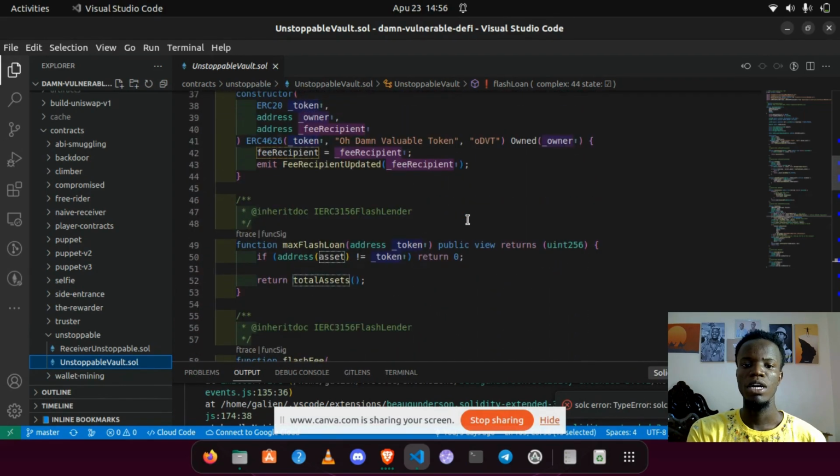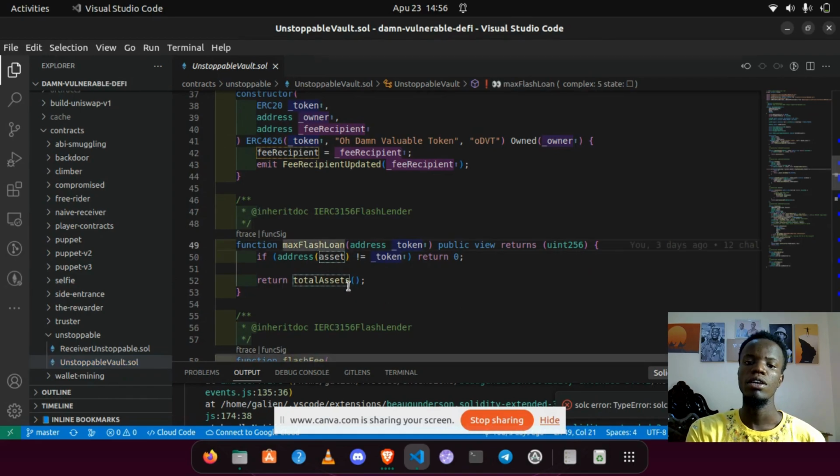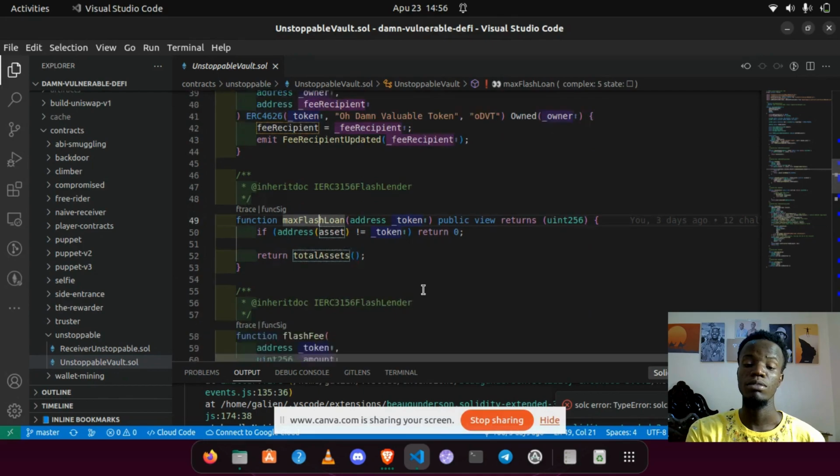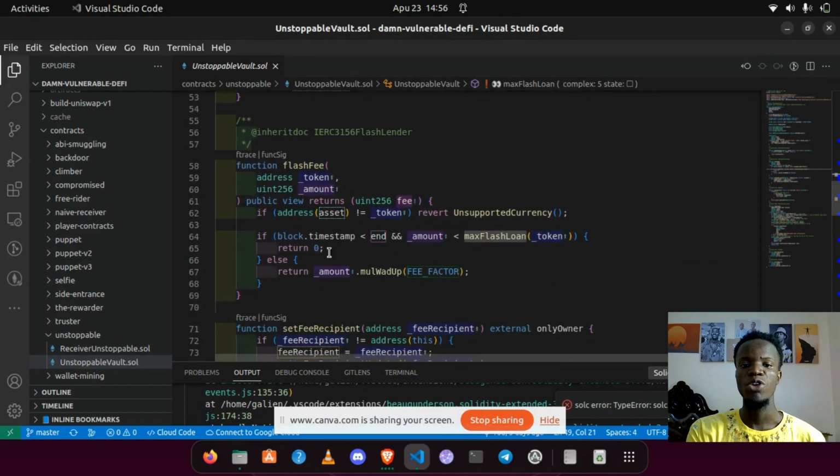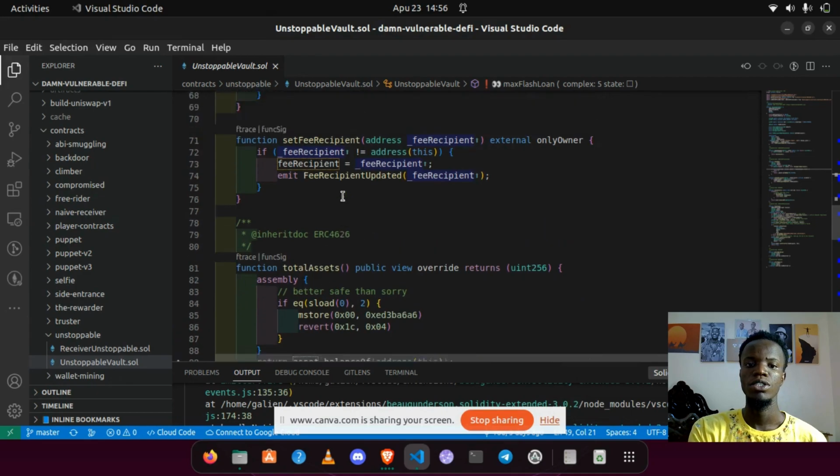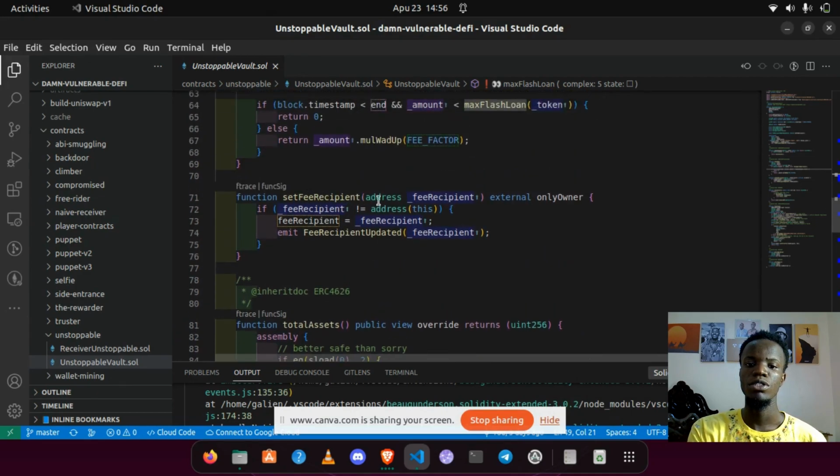The first one is maxFlashLoan. This returns the maximum amount of tokens that can be borrowed in a flash loan. We have flashFee. This one calculates the flash loan fee and returns it. We have setFeeRecipient.